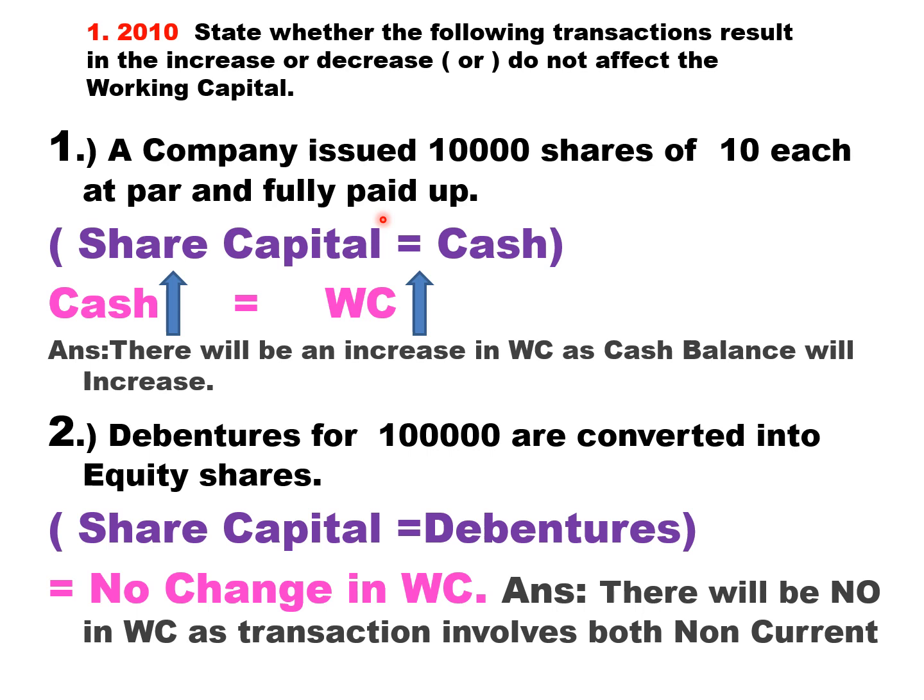What are the two accounts that are affected? Share capital and cash. Shares are issued and cash comes, so it's a transaction between non-current and current. As explained earlier, when the transaction is between non-current items and non-current items, working capital will not change.